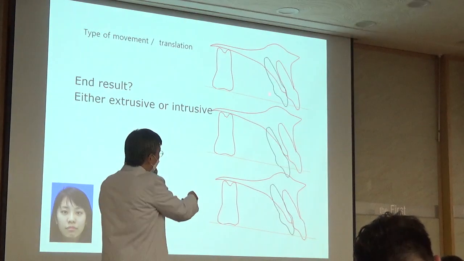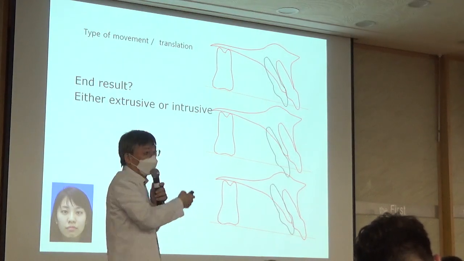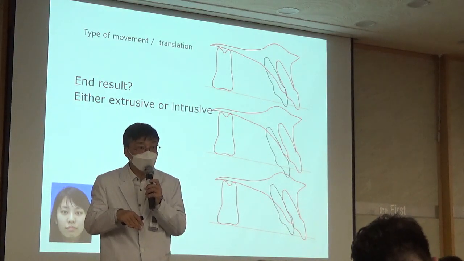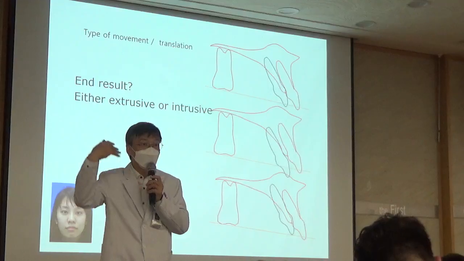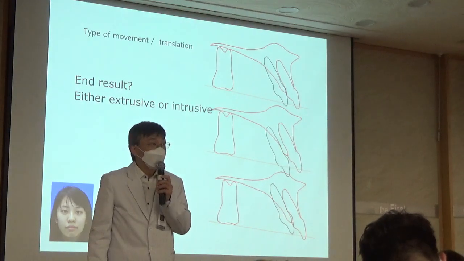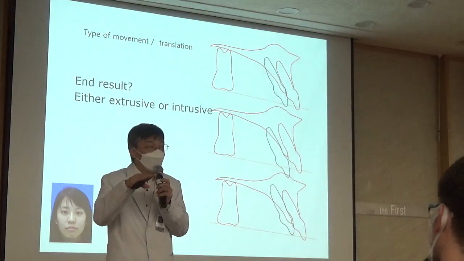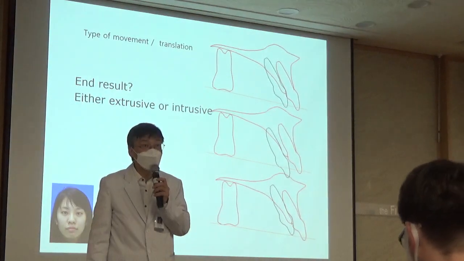So in this area, we would have to call this just translation along the occlusal plane. But from a face perspective, it's intrusive translation, which is why we were able to reduce or get rid of the gummy smile. Do you understand?